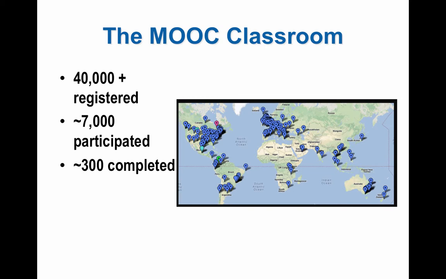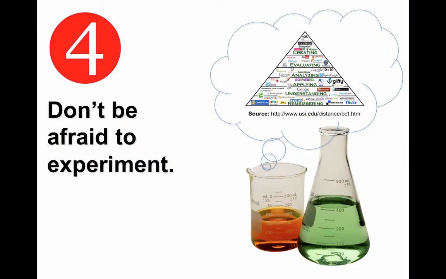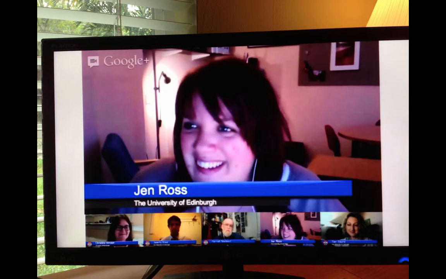I'm not sure how many completed, but given the standard statistics of 3 to 5%, I would say about 200 to 350 students finished. So when we're thinking about embracing open, this is what we're talking about.